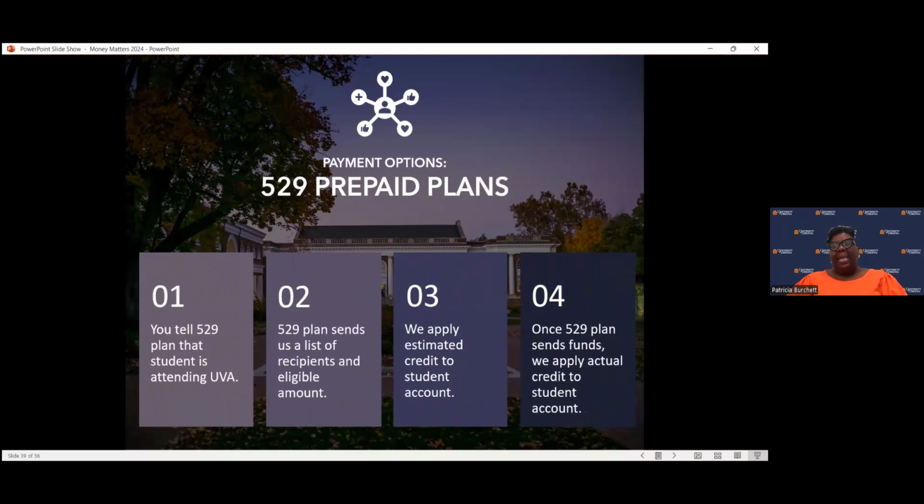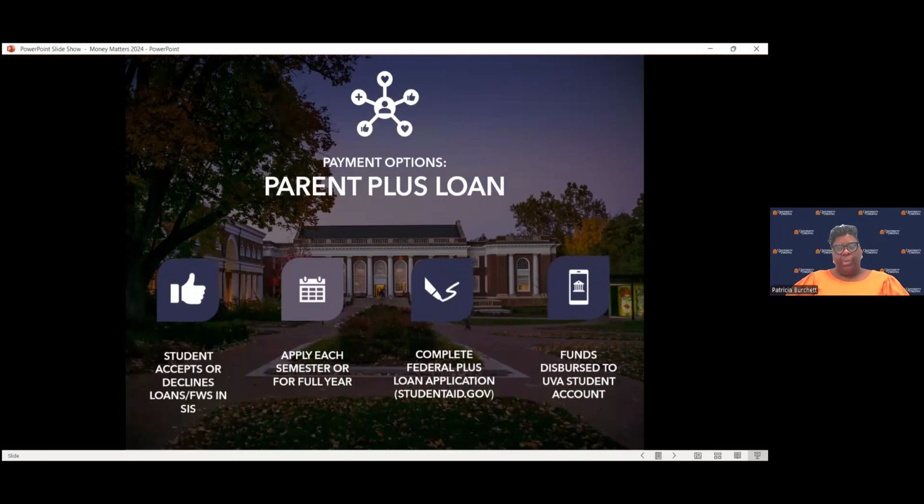And then we apply that estimated credit to the student's account. And once the 529 prepaid plan funds actually are received by us in our department, we apply the official funds to the student's account, because it's going to show as a credit until we receive the actual payments.